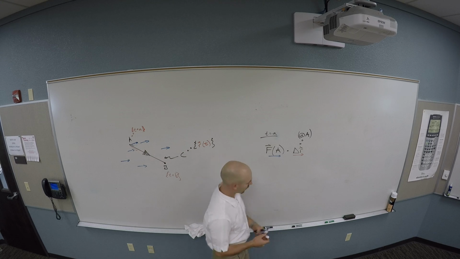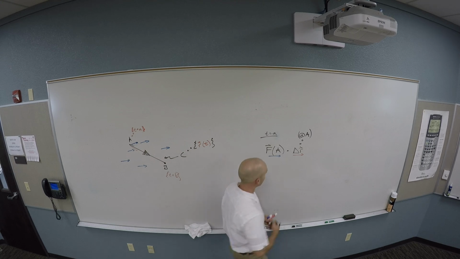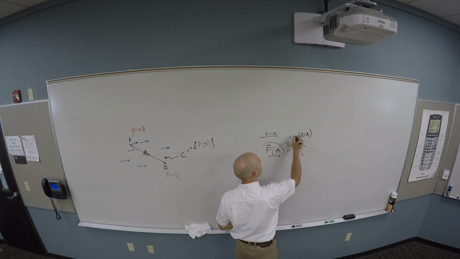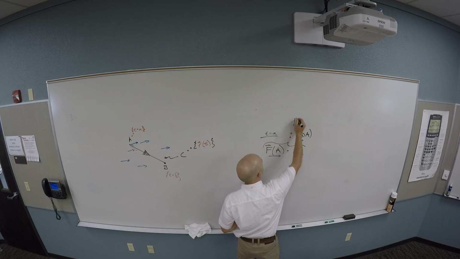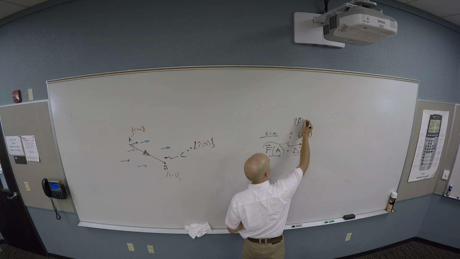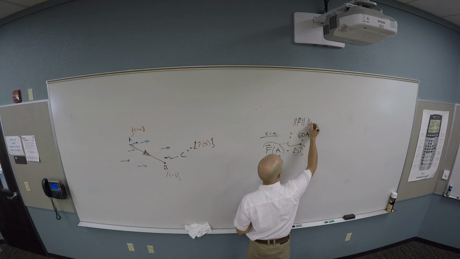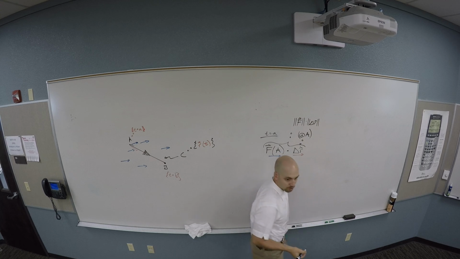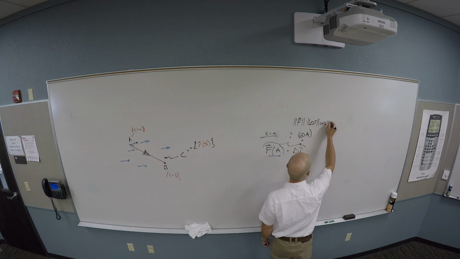But roughly, if I think about this whole deal, that's going to give me the magnitude of the force times the magnitude of the change in position, times what? Perfect. Cosine of the angle between them.